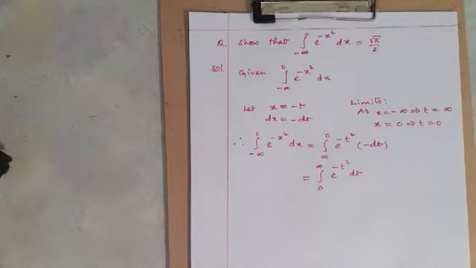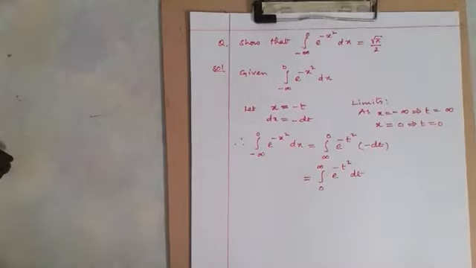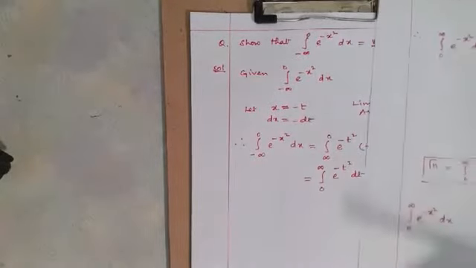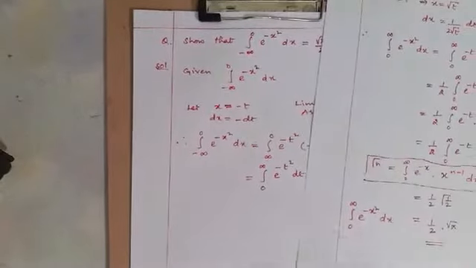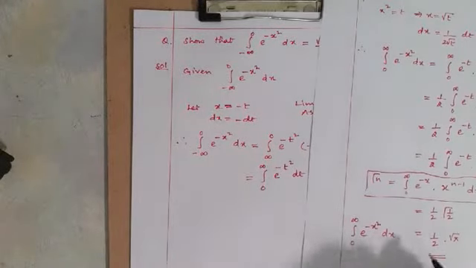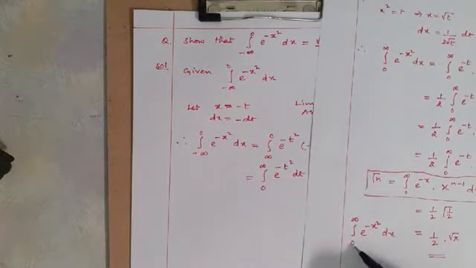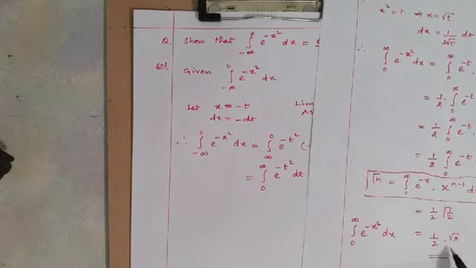Now when you go for the previous result, that is given here, the integral from 0 to infinity of e power minus x square dx is equal to root pi by 2.